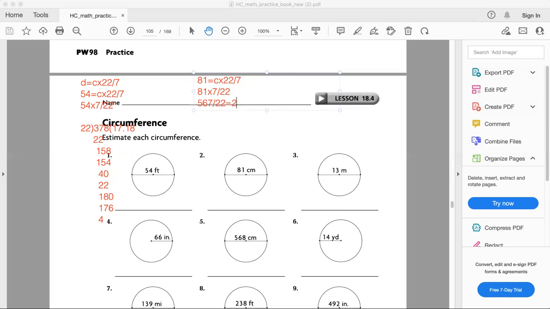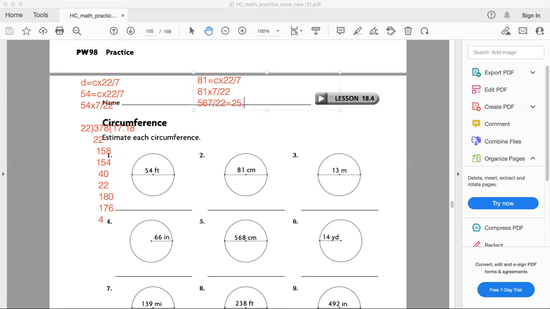The remainder is 12, and then 7 comes, 127. 127 divided by 22 is 5, 22 fives are 110.